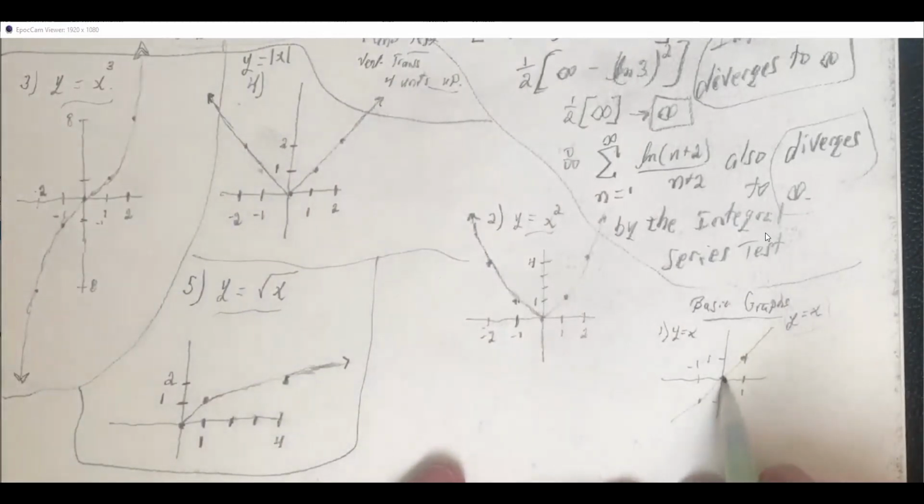This line y equals x passes through the origin, and the slope is 1, which really means if you go over 1 unit, then you go up 1 unit, and you have to be right on the line. So over 1, up 1 is on the line. And the same thing if we go backwards, we move left 1 and down 1, and we're back on the line.